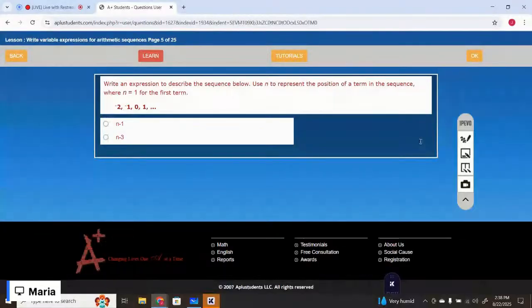That is n minus 3. Option number 2 is the correct option.